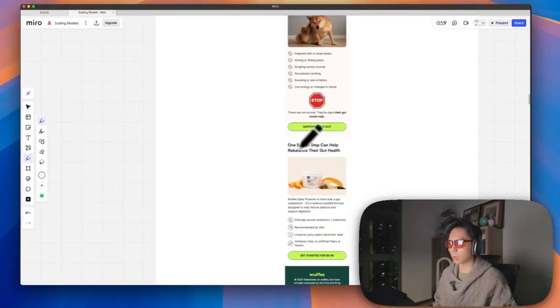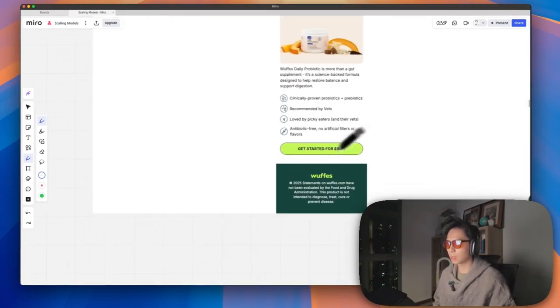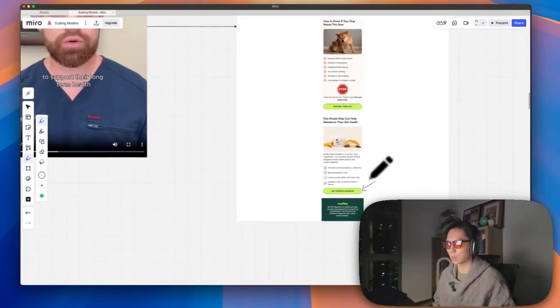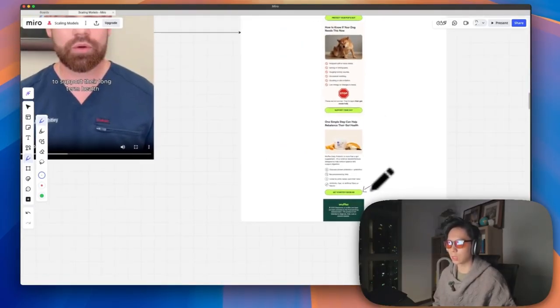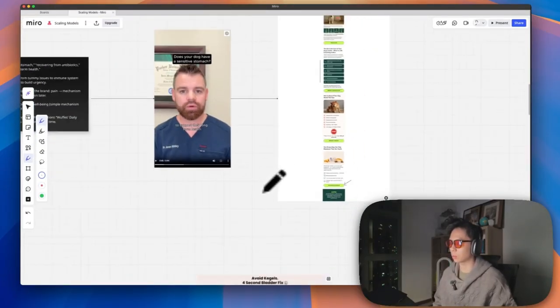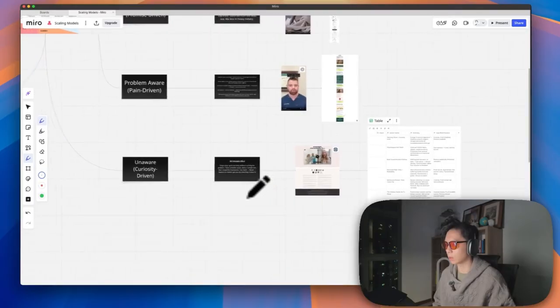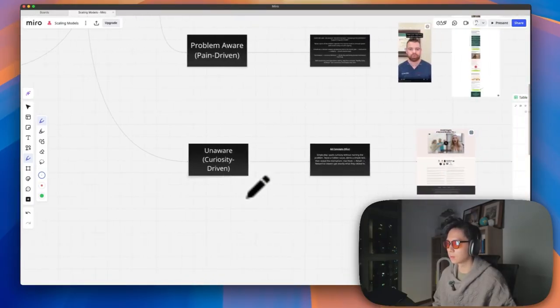So this is where you can come in and help by using a probiotic, and then you can get started for $9.99. So this is pretty much a session funnel. So they get people in at $9.99, and then there's a subscription back end with cross-selling other products as well.